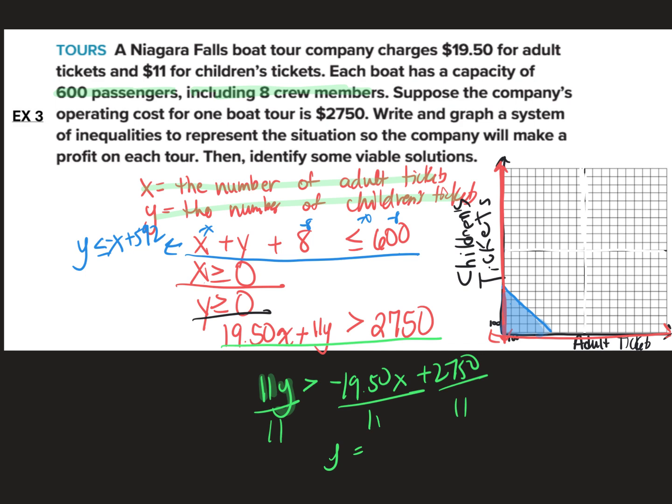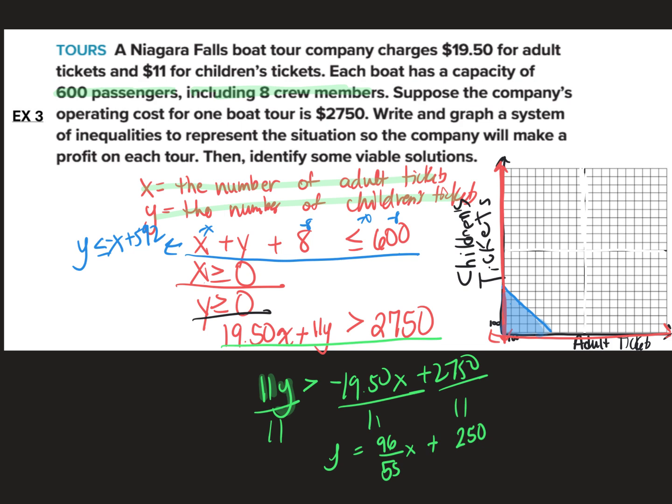So when I do that, I get the values 96 over 55x plus 250. So my slope is 96 over 55, and my y-intercept is 250.